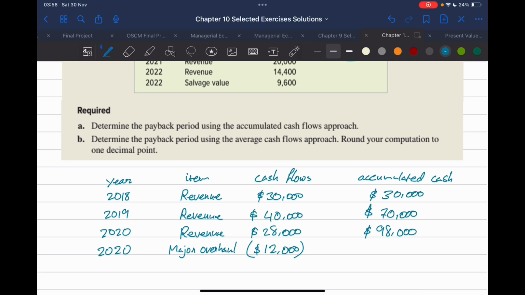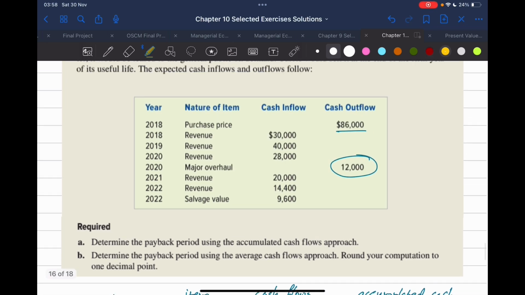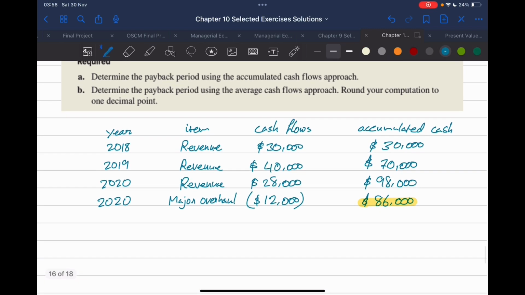We'll put it in brackets because this is a cash outflow, and we'll deduct it from here, and that will give us $86,000, which is identical, let's change the color, identical to the equipment's cost, or the purchase price of the forklift, right?